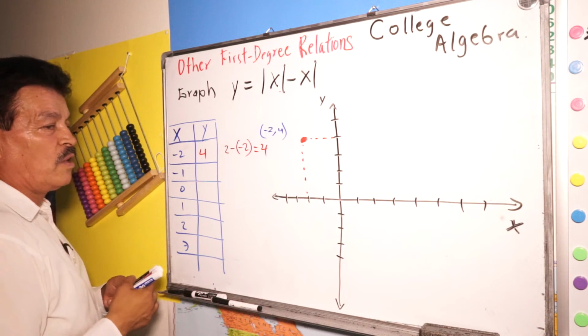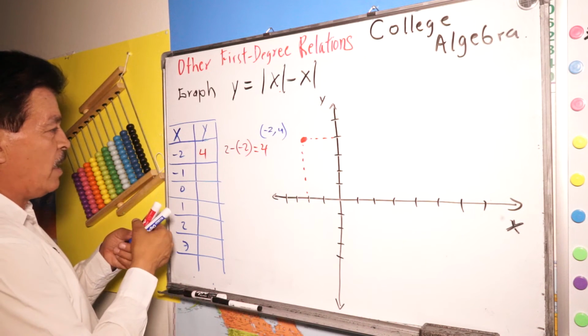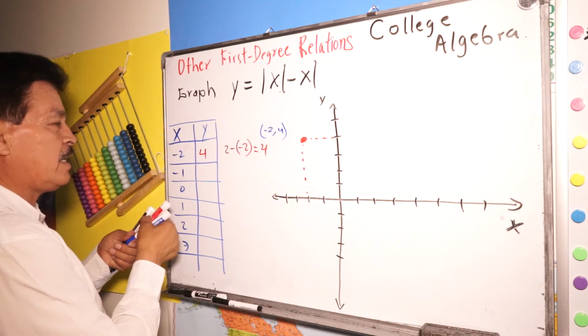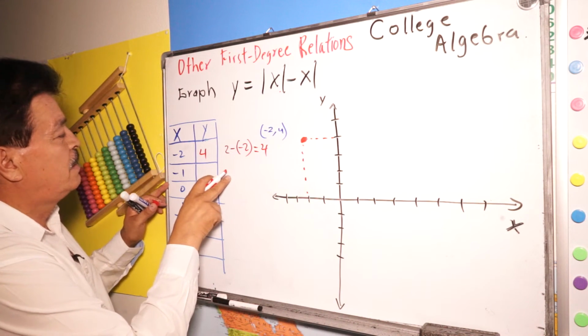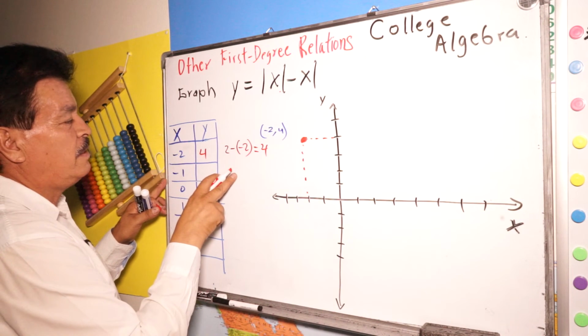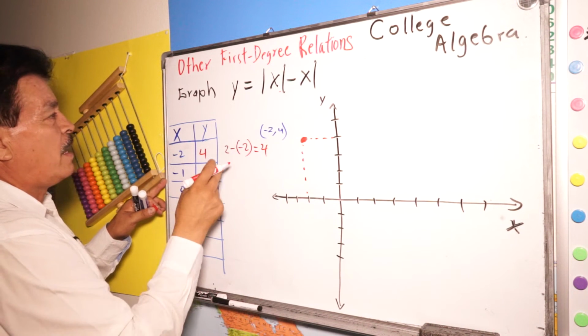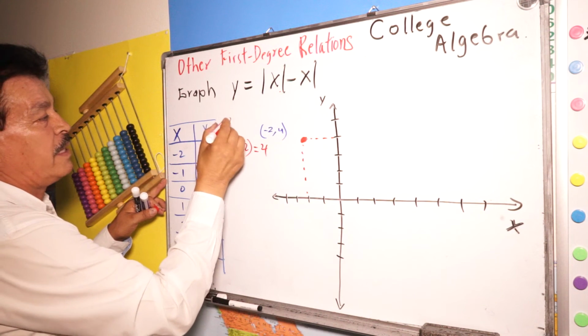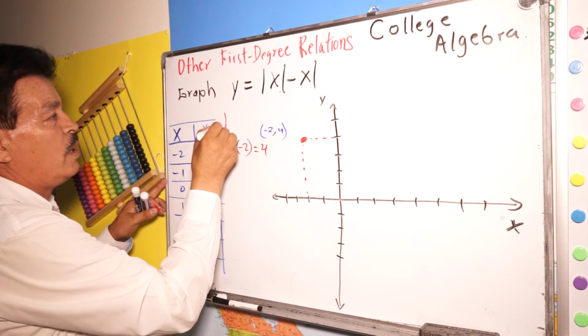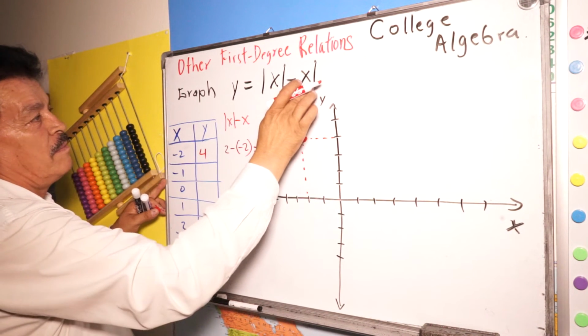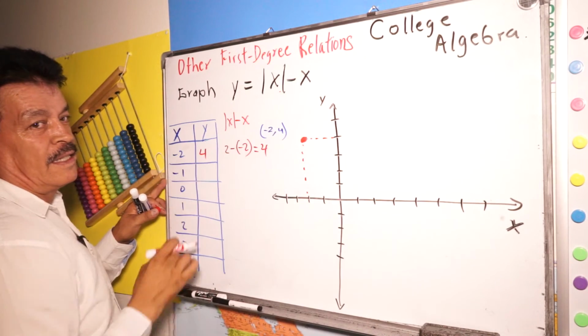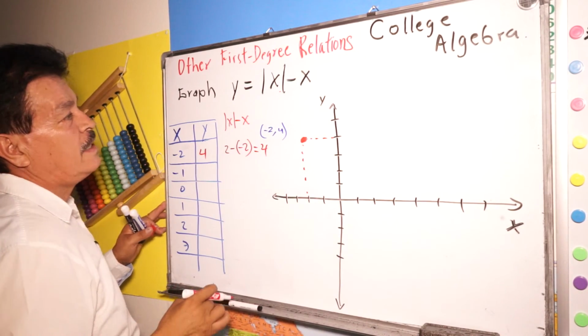Let's do another one. Negative 1. Again, look at this in the graph. We are talking about this problem here. Let's write absolute value of x minus x.